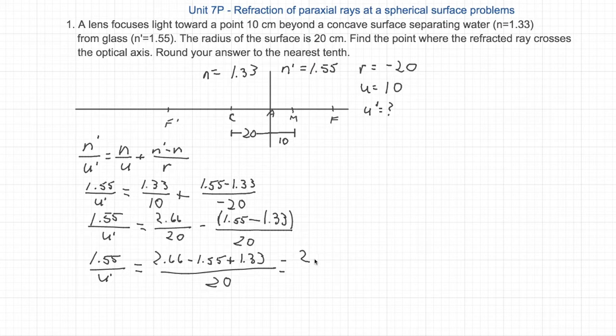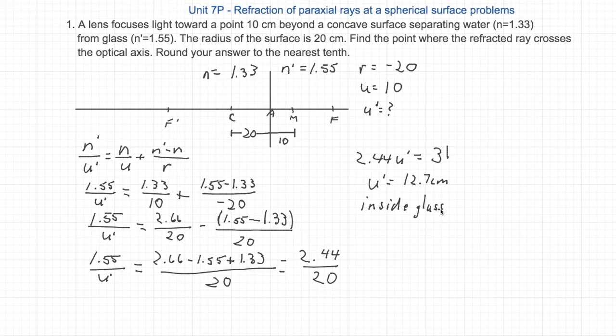And we find that the right side of the equation equals 2.44 over 20. Now we'll cross multiply. And we find that U prime equals 12.7 centimeters. So it's inside the glass. It's on the right side of the surface, a positive number, AM prime.